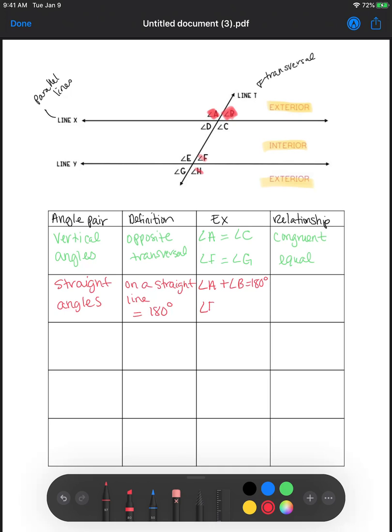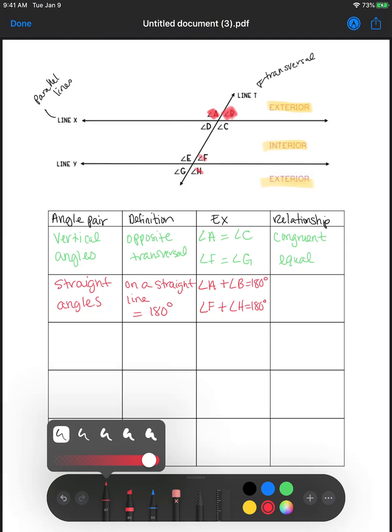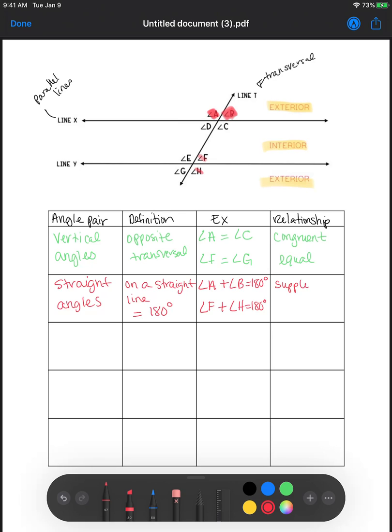So angle F and angle H equal 180 degrees. These are called supplementary angles, because they equal 180 degrees.